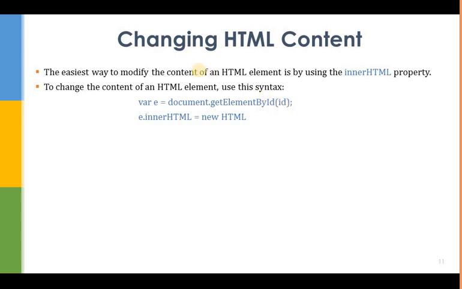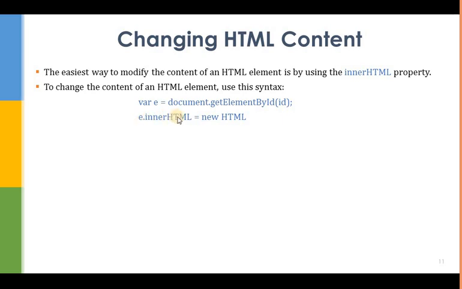Okay, now if I want to change to new content, how can I do that? You just need to assign new content to your HTML element's content. Now the thing is, how do you get the content? Using this object, E, you just need to call one of this object's properties, that is innerHTML.